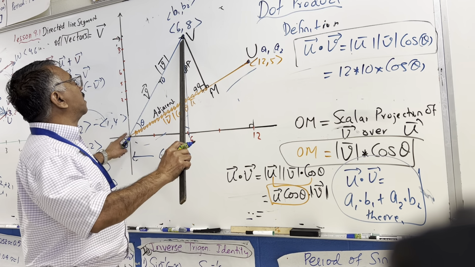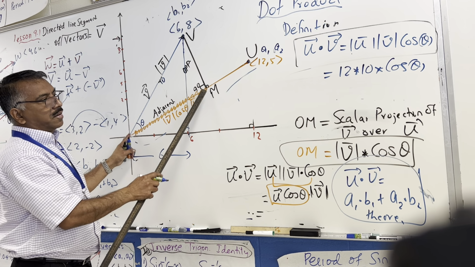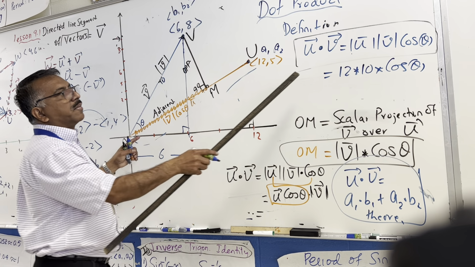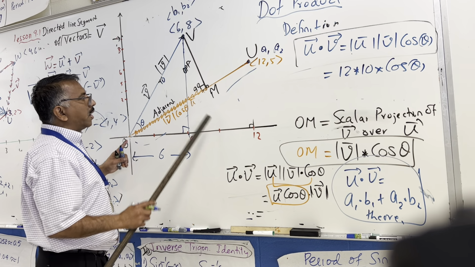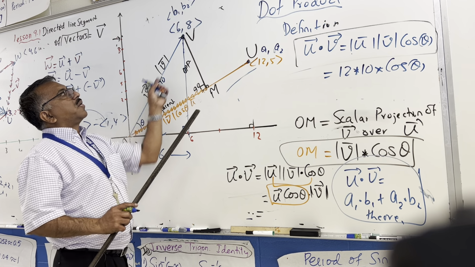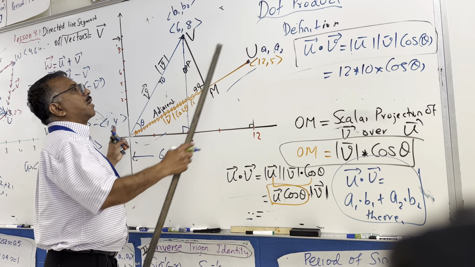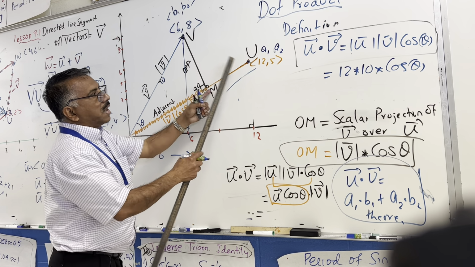But then we saw also that this part is v bar cosine theta, the scalar projection of the blue one on it. So the geometrical meaning is that you're just multiplying the scalar projection of this vector along this piece, multiplied by that piece. That's all.